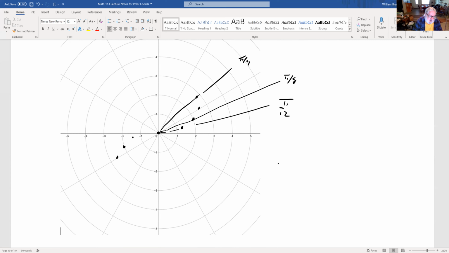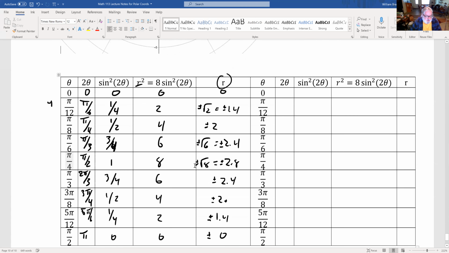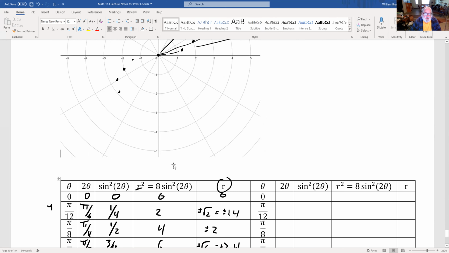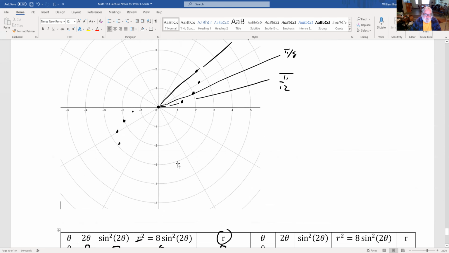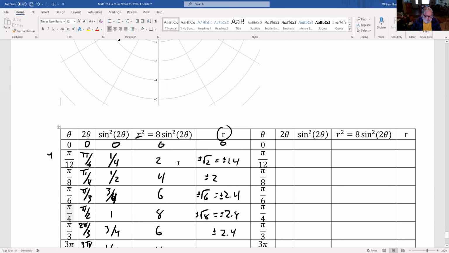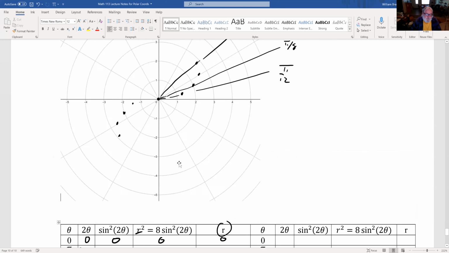And opposite, you get another 2.8. And then at pi over 6, you get 2.4. Yep. And then at pi over 4, you get 2.8. Yeah, there we go.